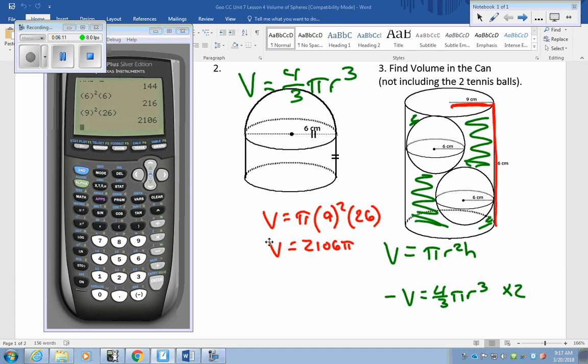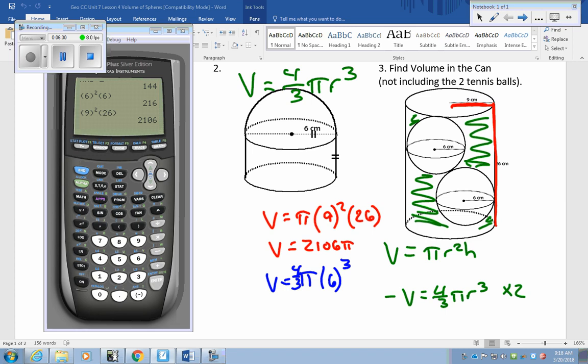The next thing I'm going to do is do my volume for my spheres. I'll do that in blue. So in this case, for that, it's going to be pi with my 4/3 in front, and then the radius is 6, and that's to the third power.